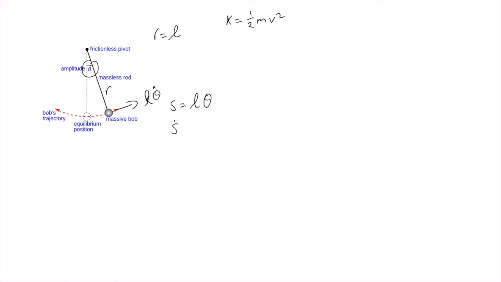So if we look at the rate of change of that arc length, which is the velocity, well, L is fixed, but theta is not. This is a pretty important relationship, that the tangential velocity in circular motion is the radius of the motion, in this case L, times the rate of change of angle with time, theta dot. So that's the kinetic energy. There's only one degree of freedom.